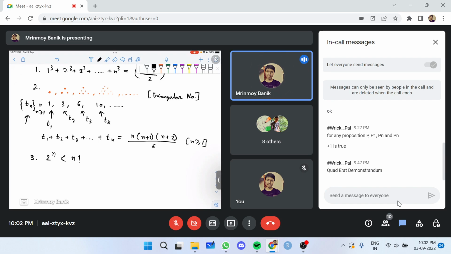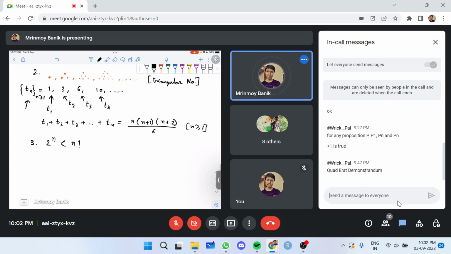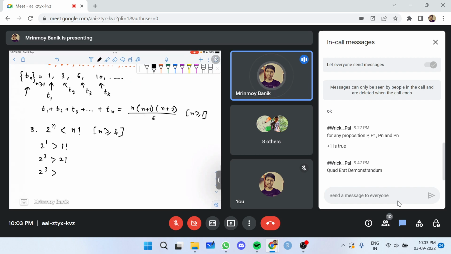So that is the statement Pn. This is an inequality. So n here is greater than or equal to 4. Obviously, the first three statements don't hold. So 2 power 1 is greater than 1 factorial, which is 1. 2 power 2 is similarly greater than 2 factorial, which is 2. 2 power 3 is also greater than 3 factorial, that is 6. But from 4 onwards, 2 power 4, that is 16, is less than 4 factorial, that is 24.